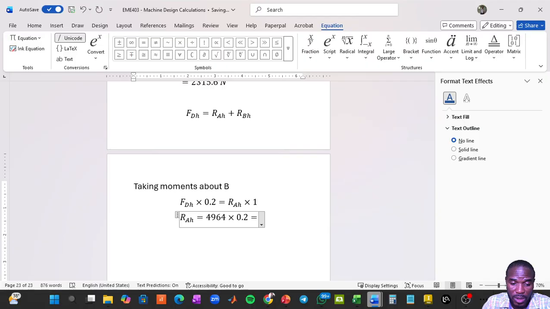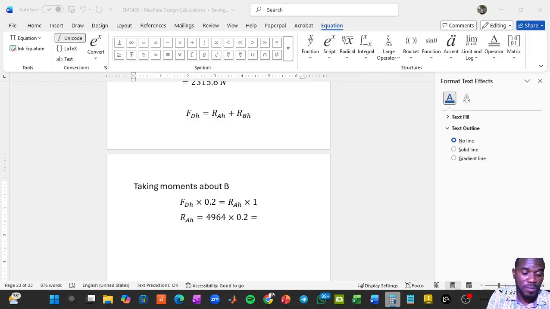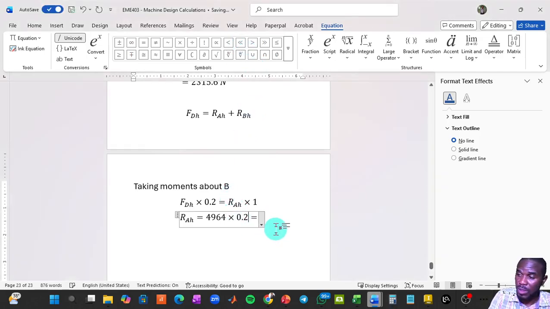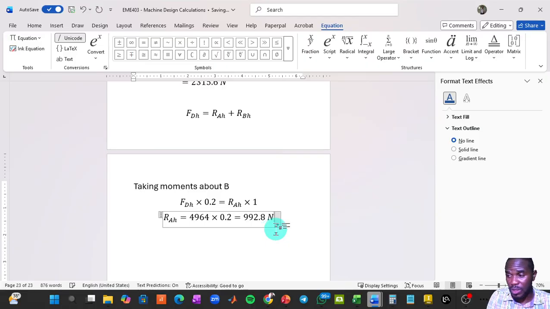Let me quickly work that out, because I had taken moments about A the other time. So it will give us the same thing. Just give me a minute. Okay. Yeah. So what we have is approximately RAH is 992.8 newtons, which is approximately 993.